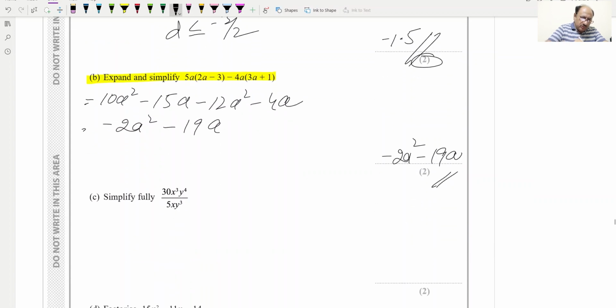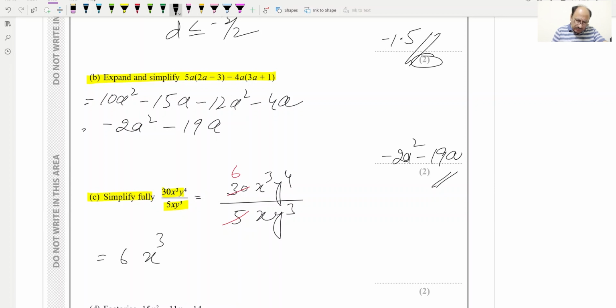Now C part, simplify fully. This one we have to simplify, and we can write it as 30. Basically I'm just copying this so that you can understand clearly. 5xy cubed, and we can cancel 5 with this, it will be 6, and the rest we will be writing over here x raised to 3 minus 1, and this y we can write y raised to 4 minus 3.